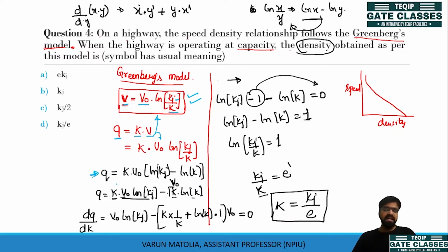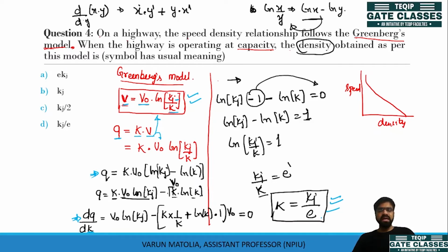Now, in order to find out the maximum flow value, we have to differentiate it in terms of density, because we need to find the density at the capacity level. So we are differentiating the flow equation with the density term. After the differentiation and various operations, we will definitely find this equation.